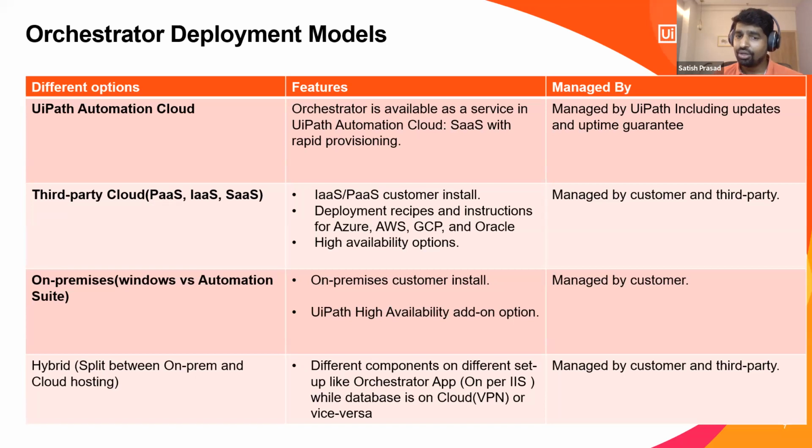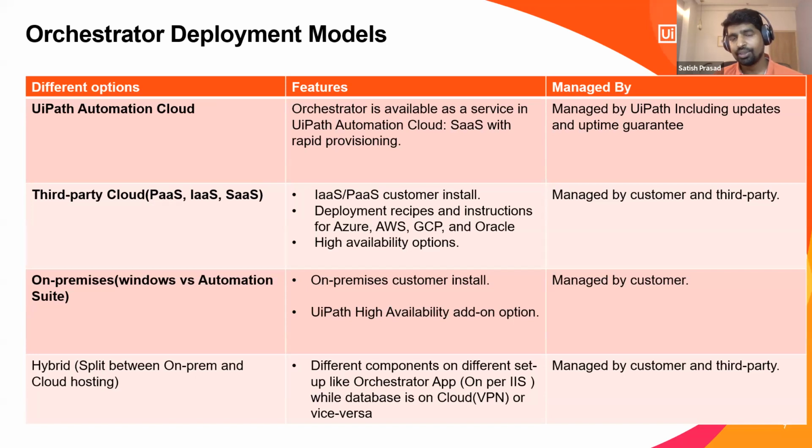And based on what kind of workload you have, what kind of reliability you are looking for in your infrastructure, that will help you to create other options, like do you need to go for HA, or do you set up replications and all those kind of things, right? For this third-party cloud setup, you being a customer will be responsible for managing the setup, and you can probably also take help from a third-party provider, like AWS or Google, for example, right? So that's the second option you have.